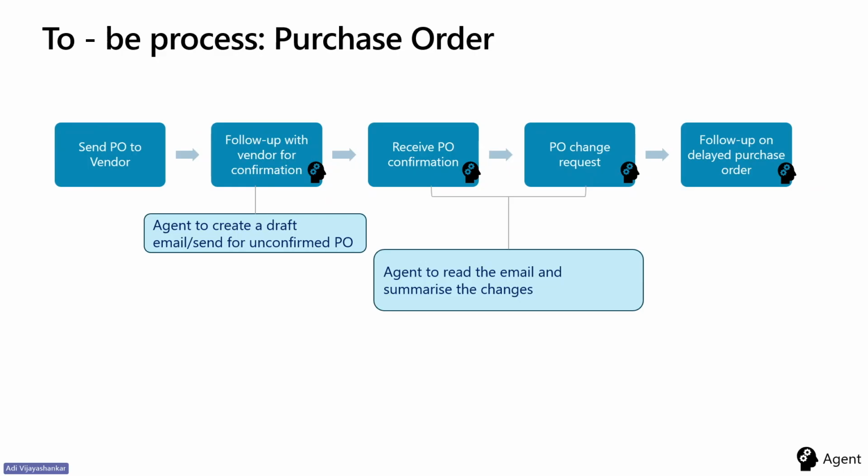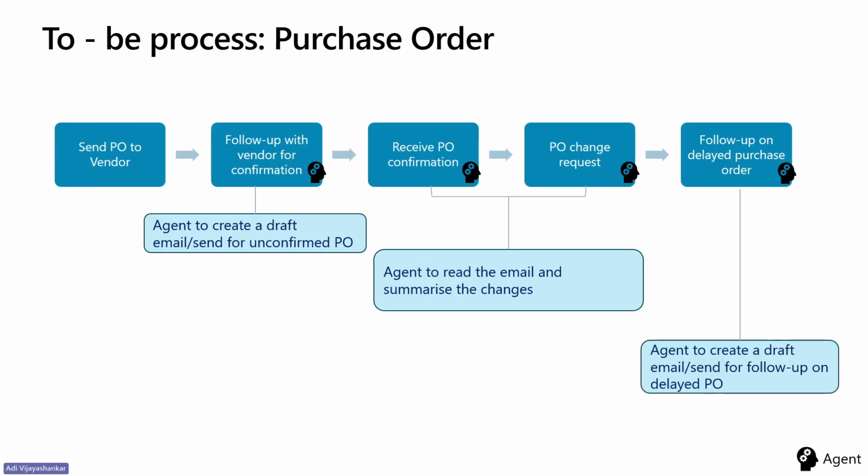The agent can create a draft email for follow-up on delayed purchase orders as well. As we discussed earlier, we can either have a draft email, or depending on a configuration setting, the email can be automatically sent.